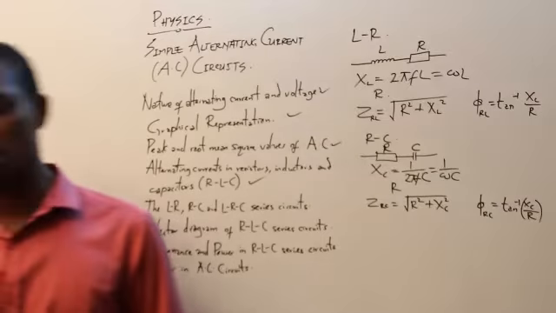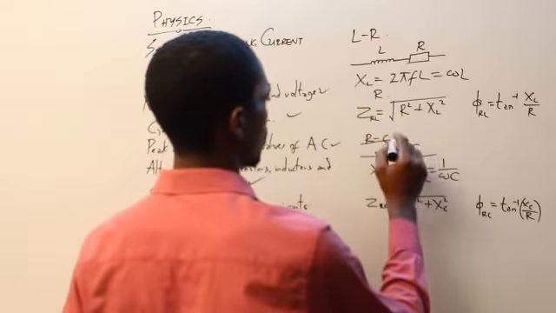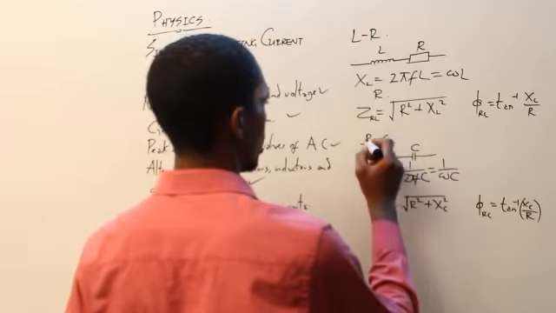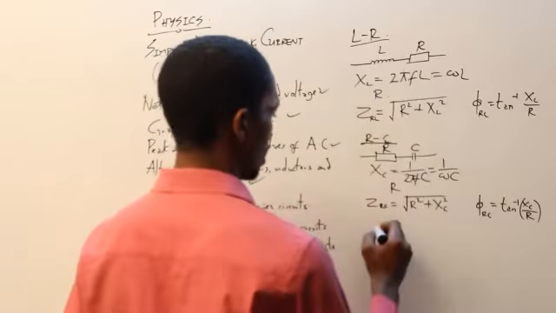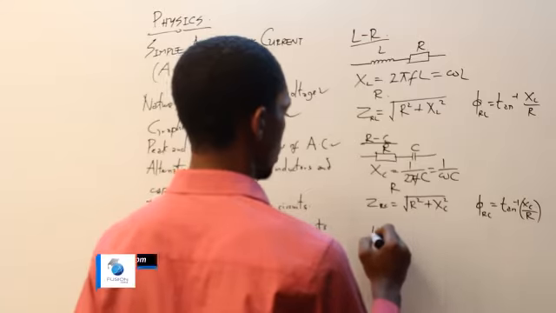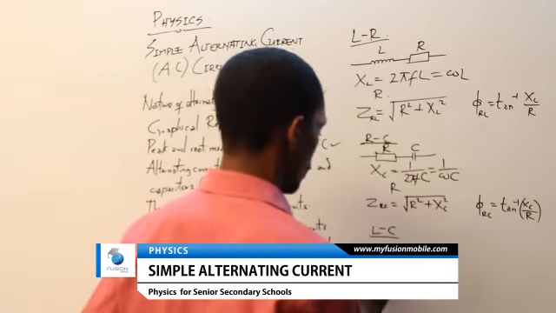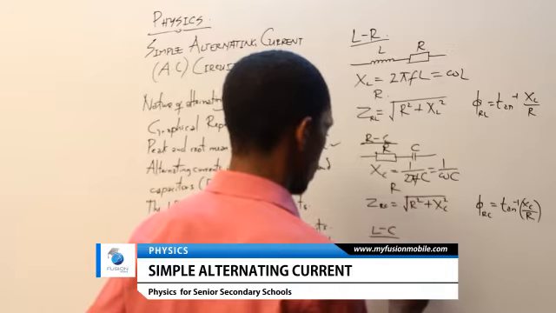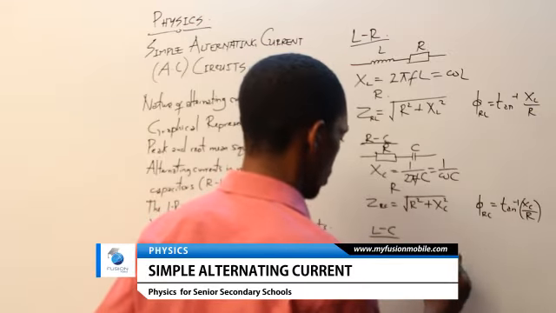How about in an LC circuit? An LC circuit, that's the inductance capacitance circuit. In this, we have the inductor and the capacitor.